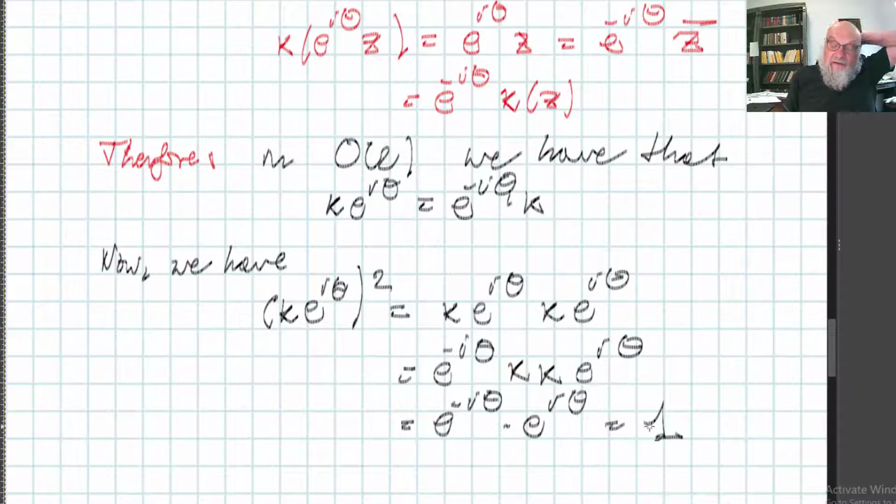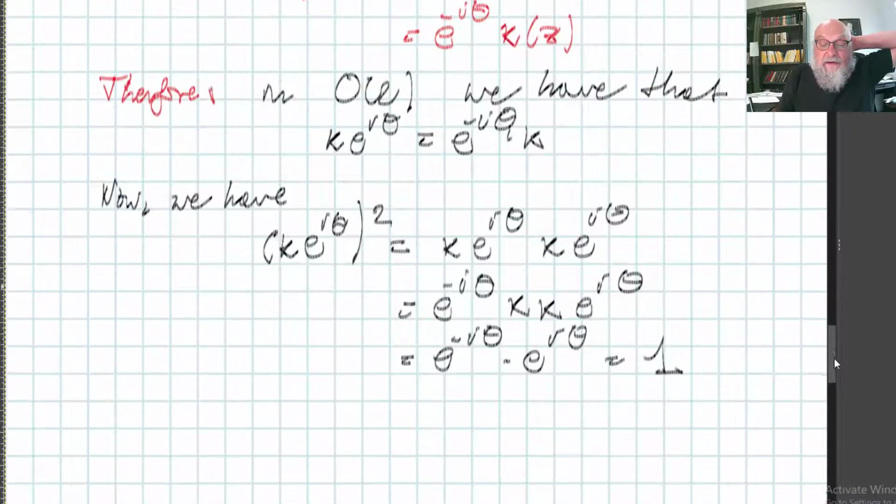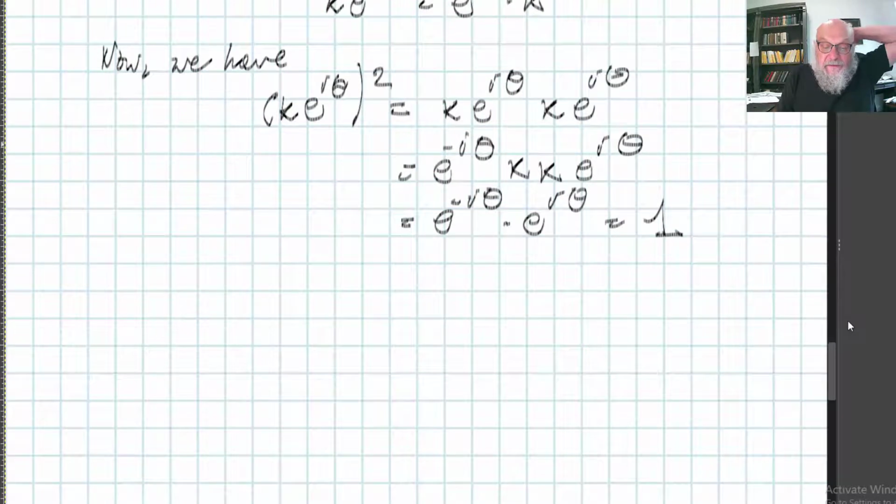So yes, indeed, this is self-invertible, so as it acts on the plane, it is exactly a reflection.